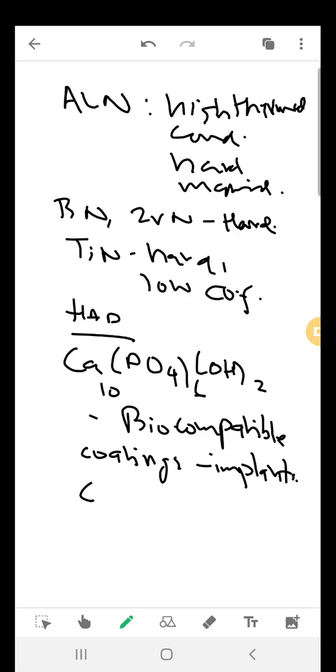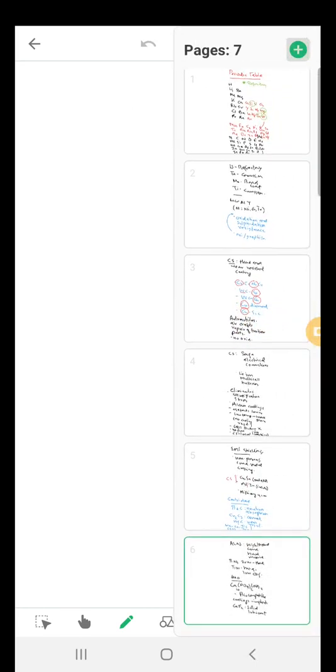Then we can have calcium chloride, which is a solid lubricant. Also you can deposit oxides.